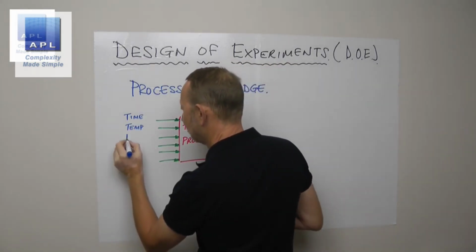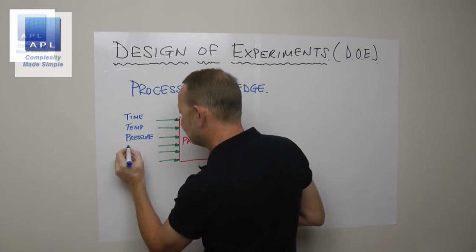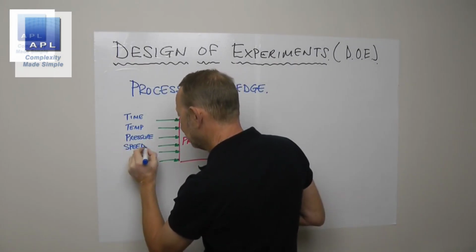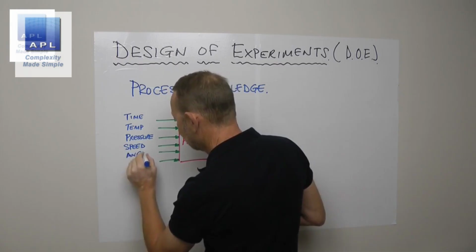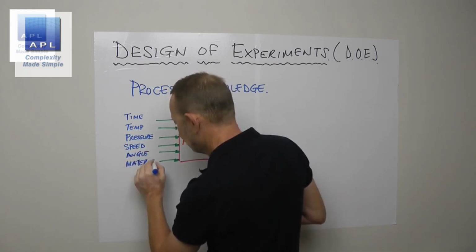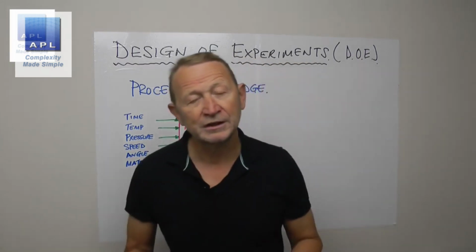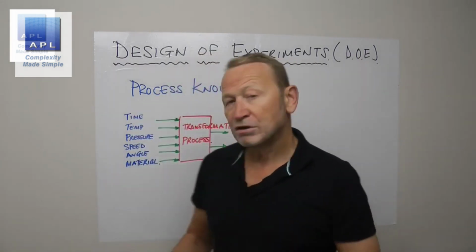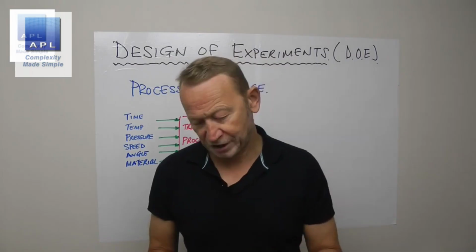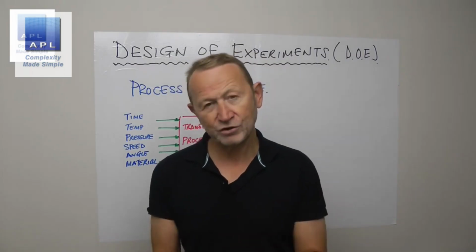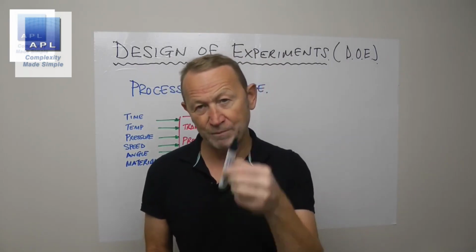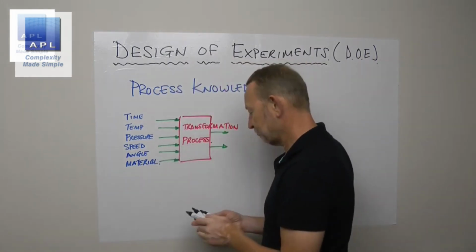Time, temperature, pressure, speed, angle, material. Okay, so there are your 6 parameters, and we say that the window that you're interested in operating in is, let's have a look.